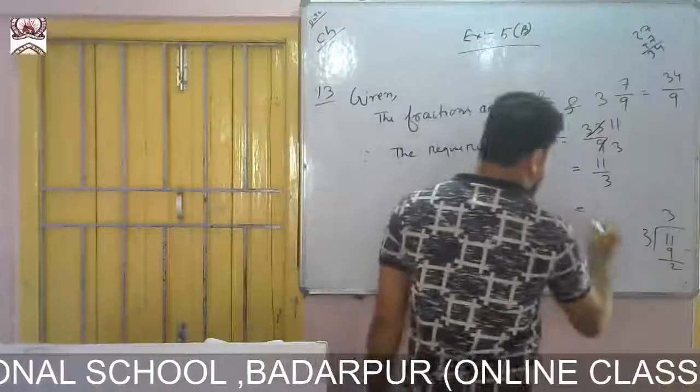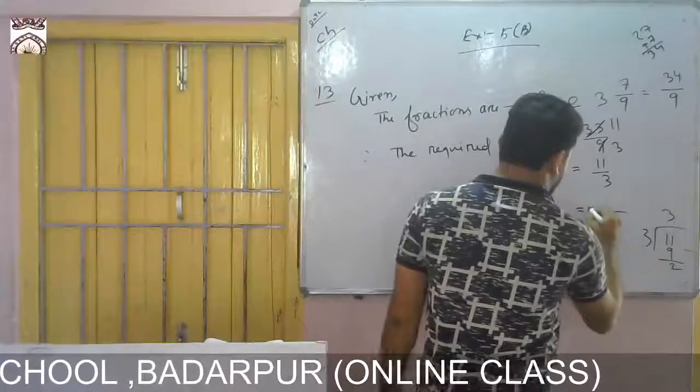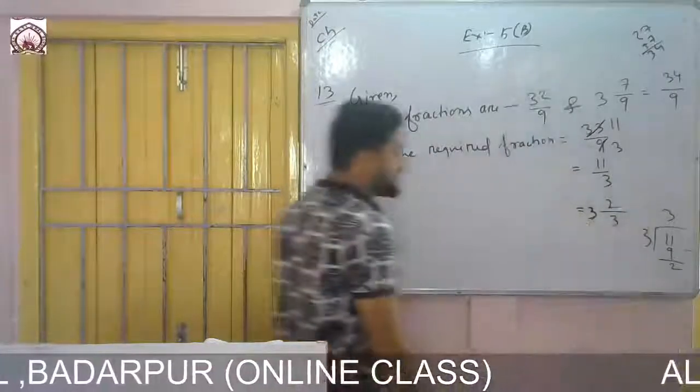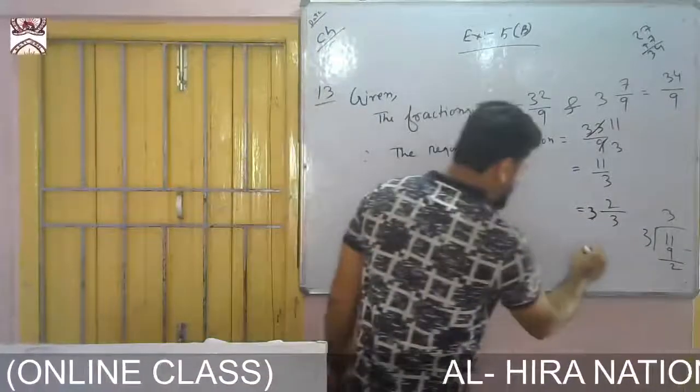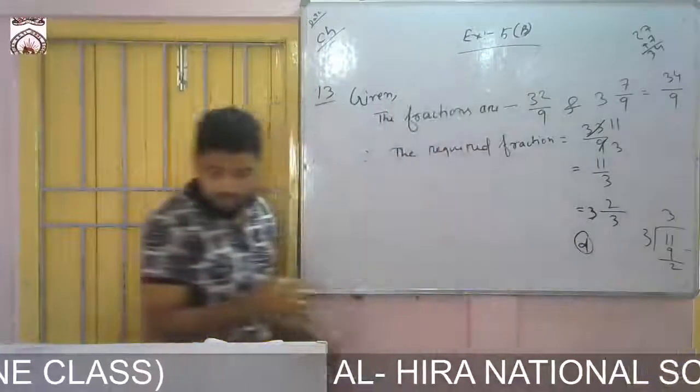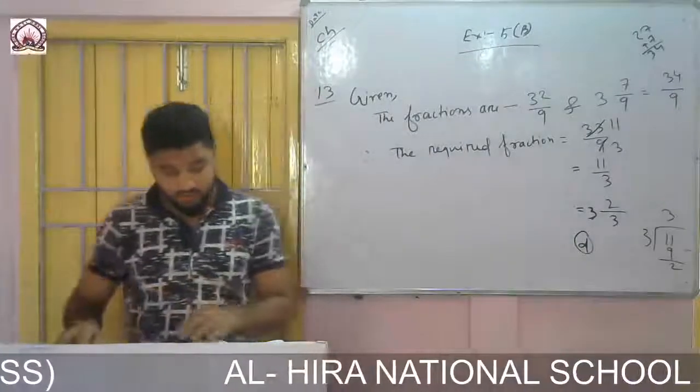So this should be 3 and 2 by 3. That is option number D.